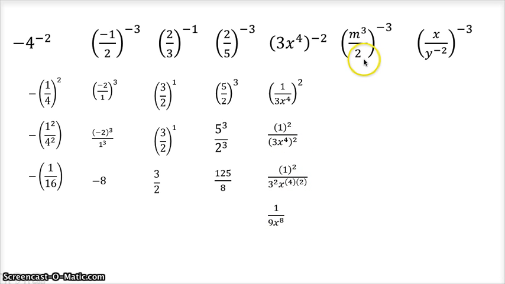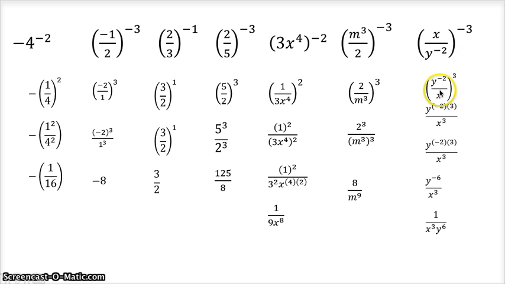All right, m cubed over 2 to the negative 3 is going to flip to the positive 3, so 2 cubed over power to a power, so 8 over m to the 9. And then this last one before we get to the next example, to the negative 3 tells you flip.